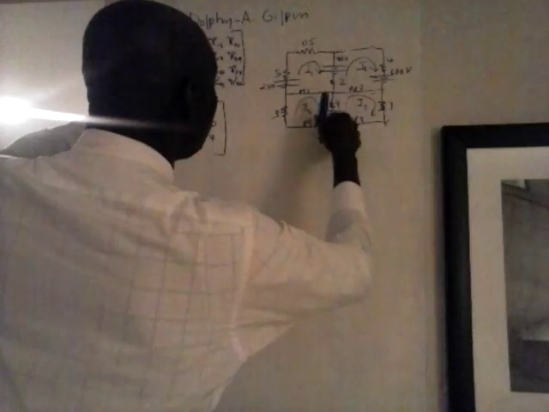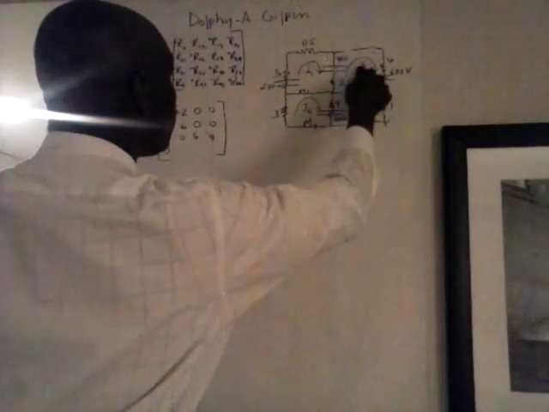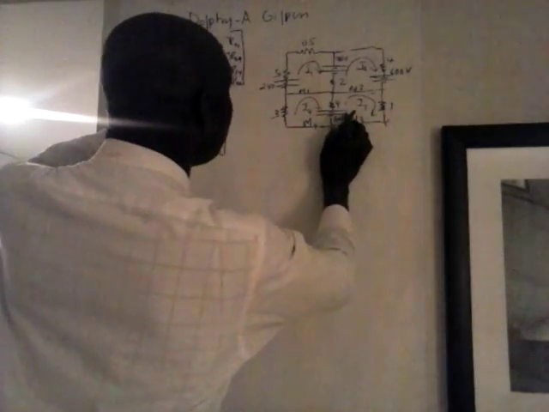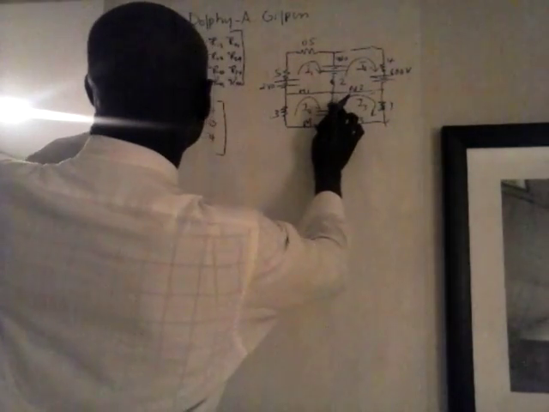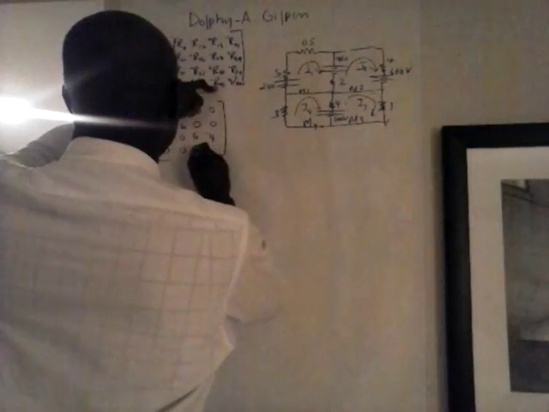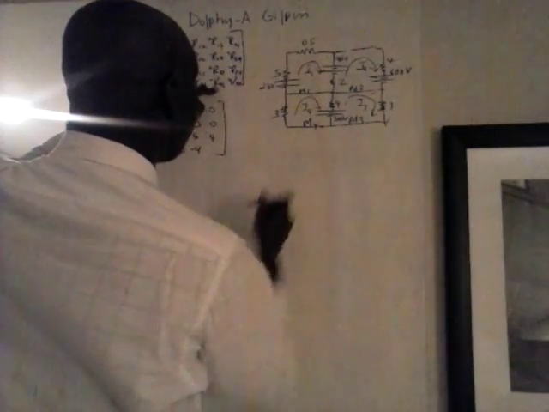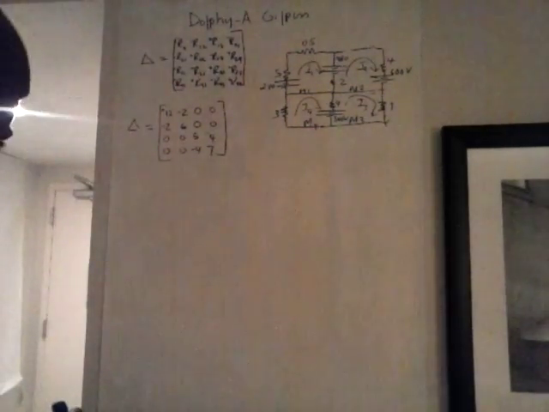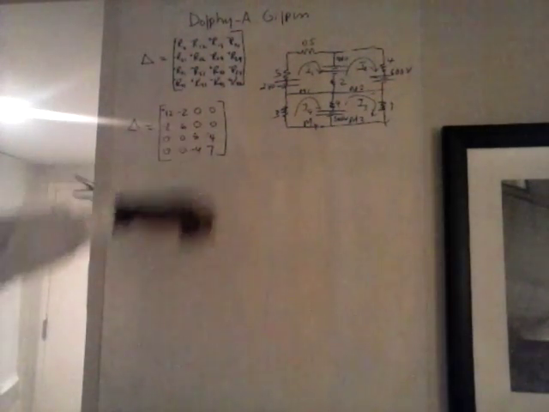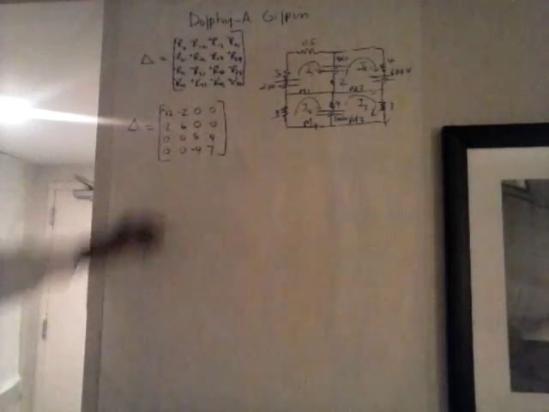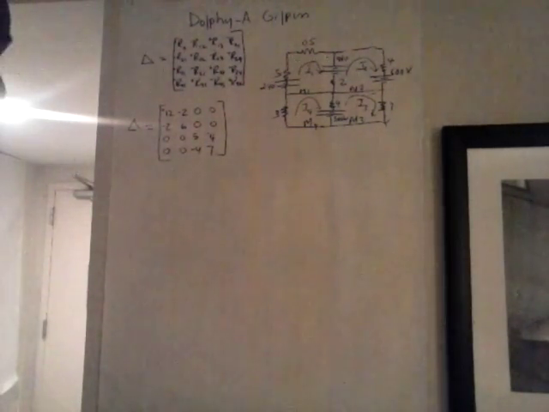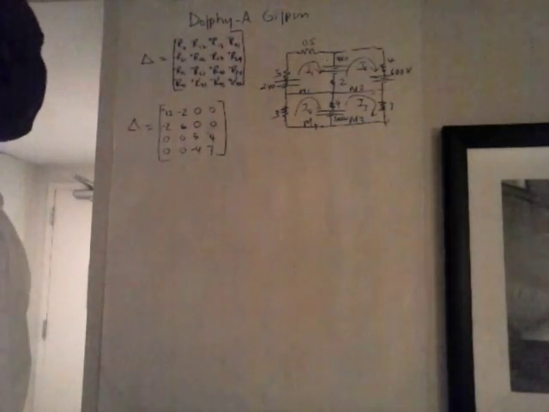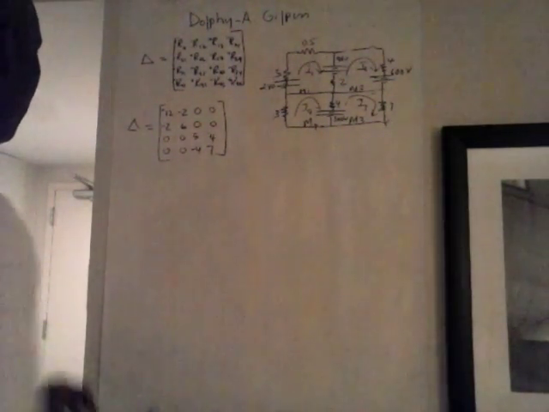R42, mesh 4 and mesh 2, there's also nothing common there. And R43, minus 4. And R44 is 4 and 3, 7. So this is very easy. That will be the determinant of this. A lot of zeros in it, so that would make the problem easy. But like I said, things will not be so easy in real life. But for a demonstration here, we're just going to make it easy.